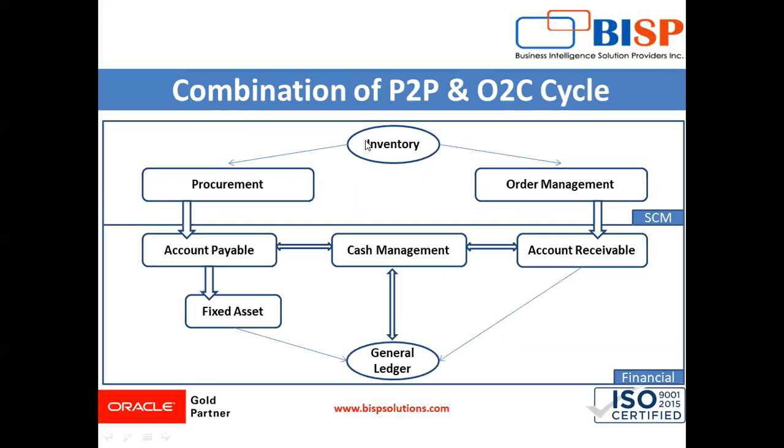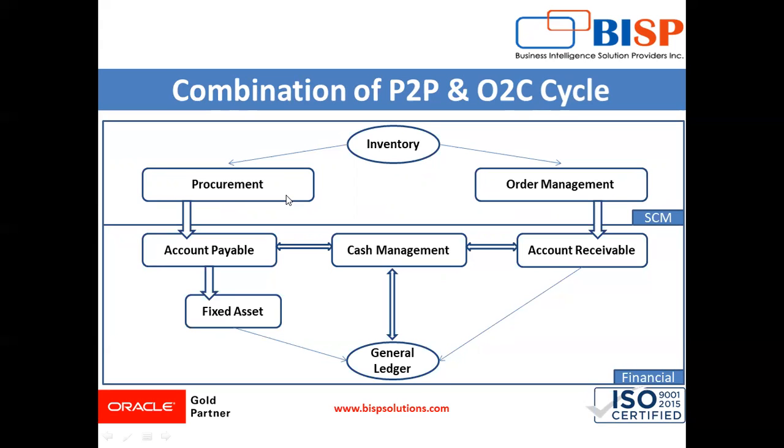First we talk about the P2P cycle. It starts with the inventory application. Here it writes a requisition, gets the approval, and passes the information to the purchasing application, meaning PO. The purchasing department's responsibility is raising requests for quotation, like RFQs, getting quotations, analysing the quotations, choosing the best quotation, then placing the order.